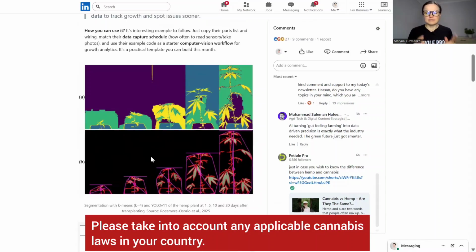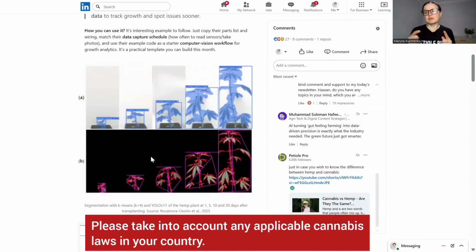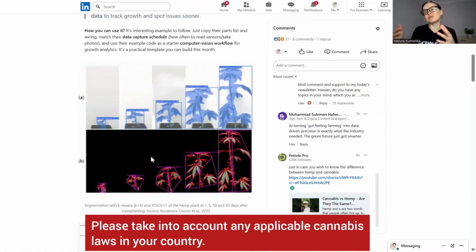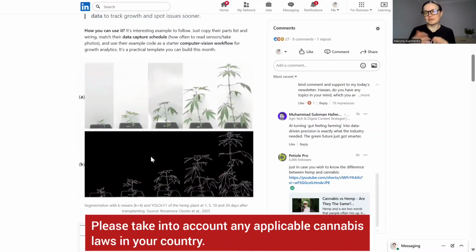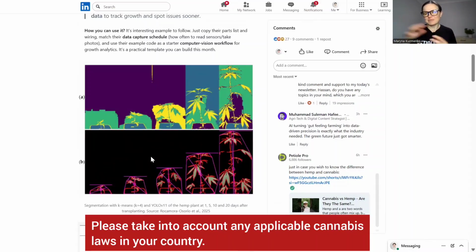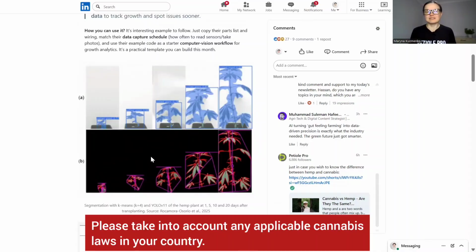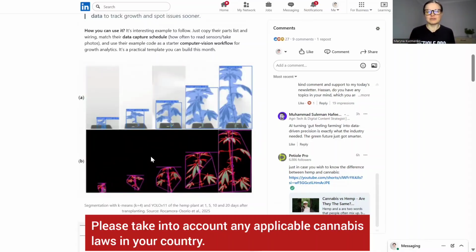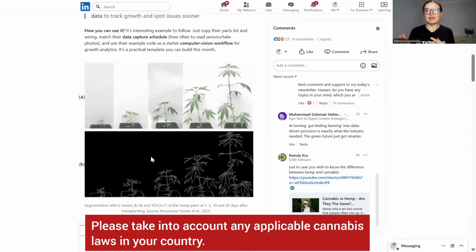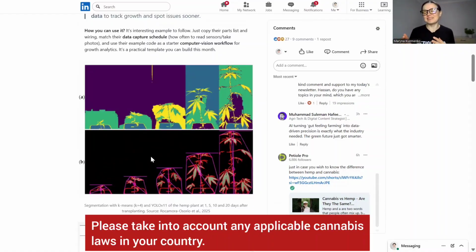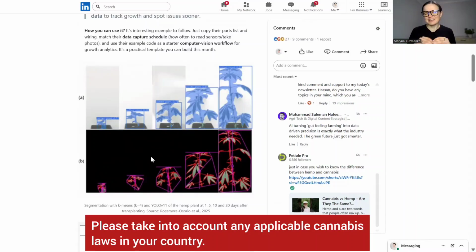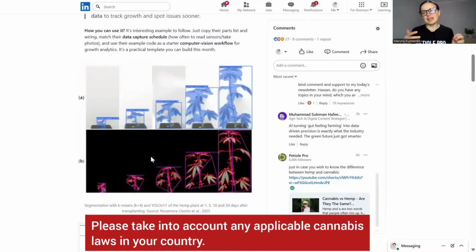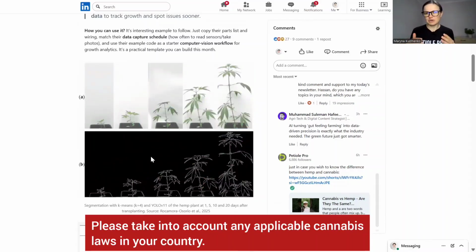But the good thing is that now we know, and again we saw this in other types of crops and camera monitoring, but now it's confirmed for cannabis as well, that if you have daylight, and then rainy days and days without sun when you're using LED lights, it creates inconsistency in monitoring.